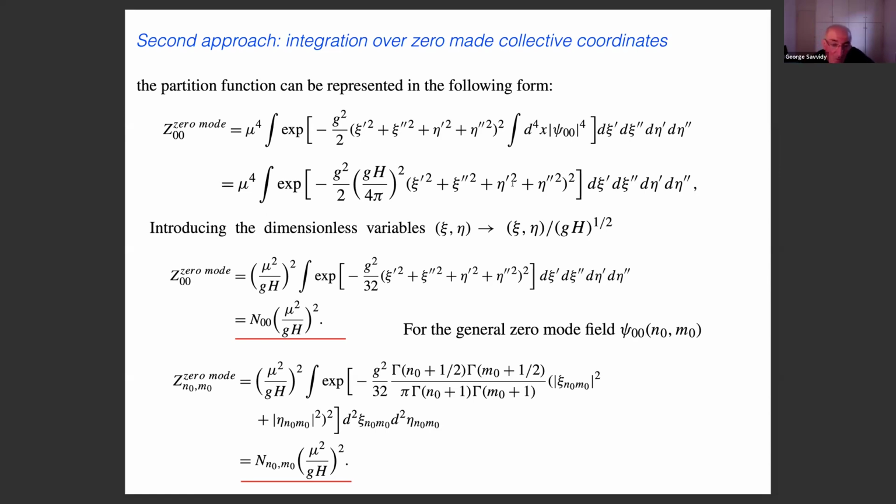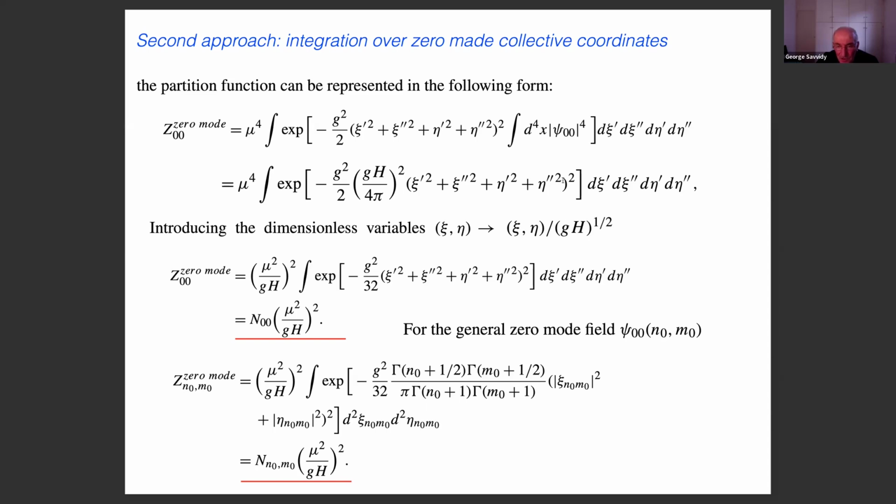So why, before this integral, did people just stop? The reason is that to integrate something which has a quartic interaction is almost a death sentence. I mean, it is impossible to integrate it. But you can see what type of trick can be done here. I will introduce new variables, xi and eta, which are divided by g times h to the power 1/2.